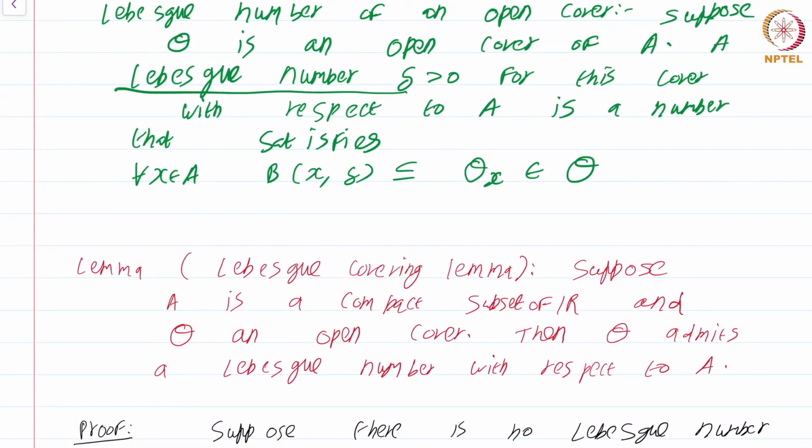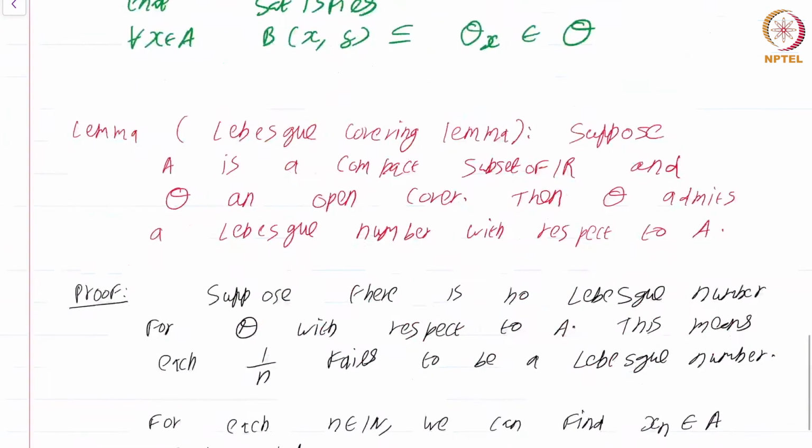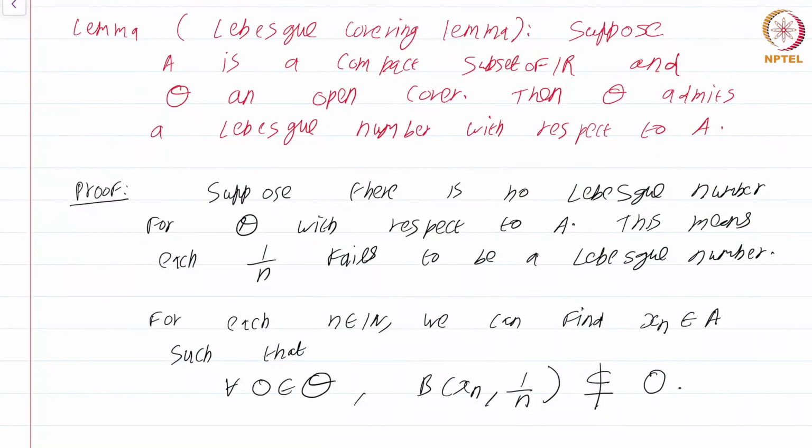It's a number such that for each element x in the set A, B(x, delta) is a subset of O_x for some element O_x coming from the cover O. No 1 by n can be a Lebesgue number. That's our assumption. That means no matter what n you choose, 1 by n fails to be a Lebesgue number.